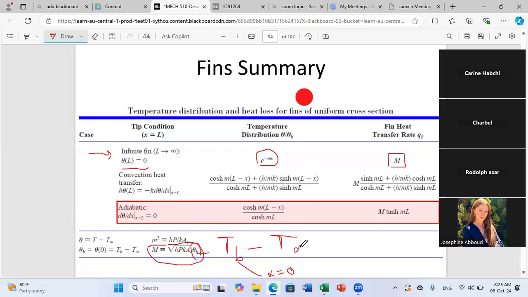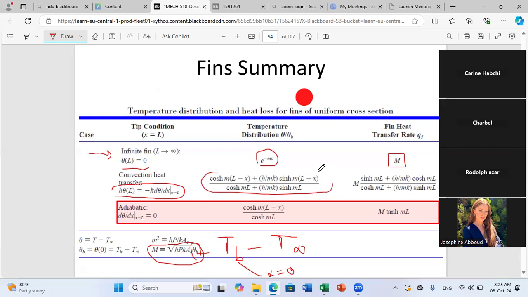Okay, now in case you have the most complex scenario, as we discussed together, that we have a limited length with convection condition. So as we said, the convective condition is written as follows: the heat flux at x equal L, so the conduction at x equal L, which is minus k d theta by dx, is equal to the convection at the tip, which is h times (T L minus T infinity), or theta L. And in this case, you have the most complex solution, which is given here.